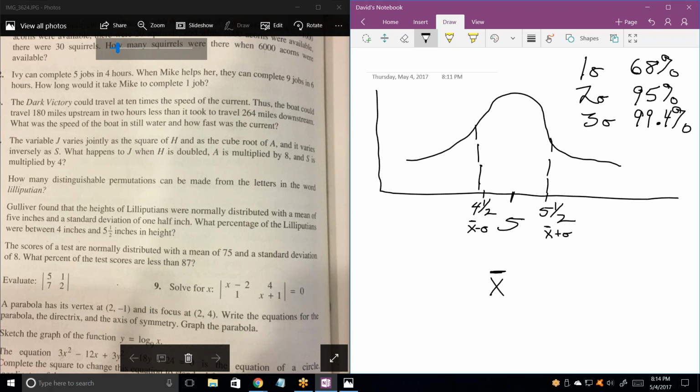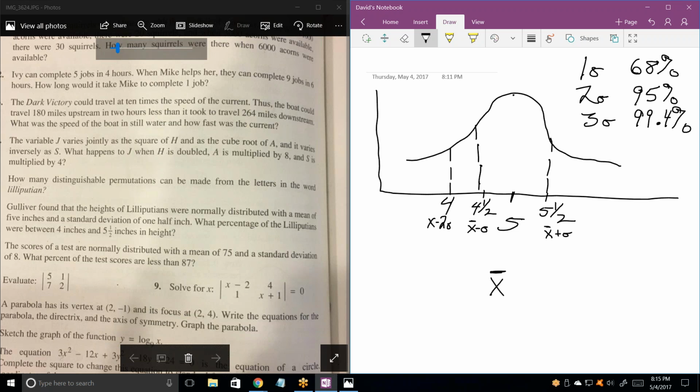But the question is, what percentage are from 4 inches to 5.5 inches? Well, certainly 68% are from 4.5 to 5.5, right? Yeah. So I need to go another 1/2 inch so that this is x minus 2 standard deviations.